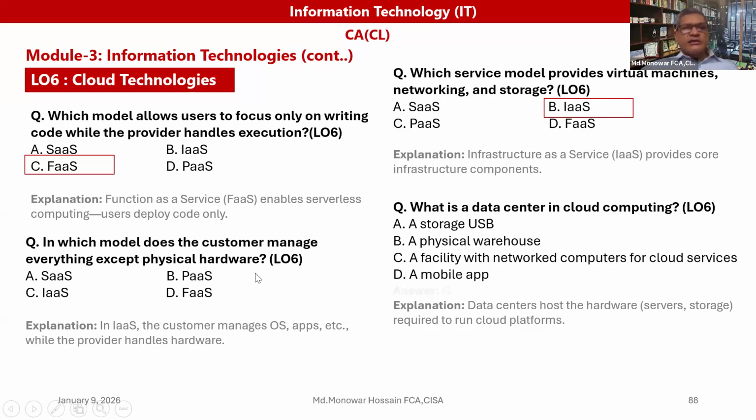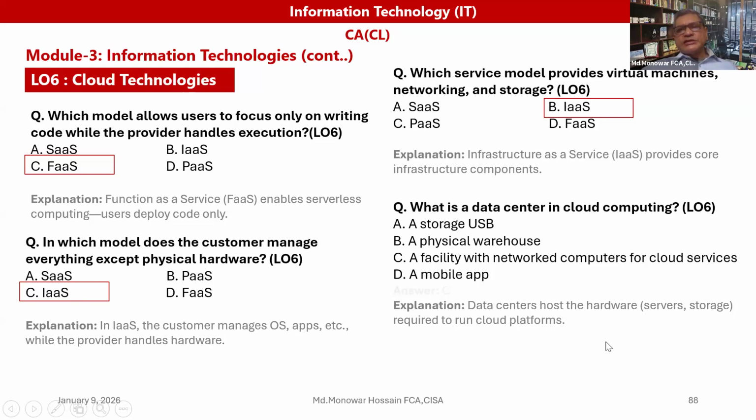In which model does the customer manage everything except physical hardware? This model is infrastructure as a service, because in infrastructure as a service the customer manages only the operating system, apps, etc., while the provider handles the hardware. Answer C. What is the data center in cloud computing?